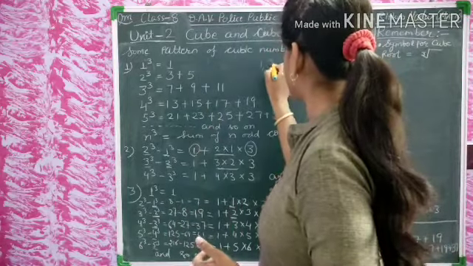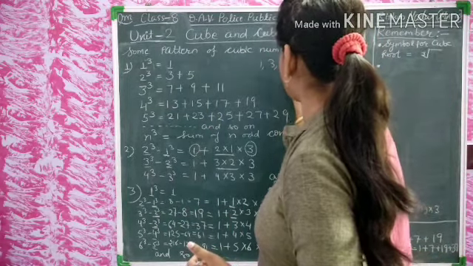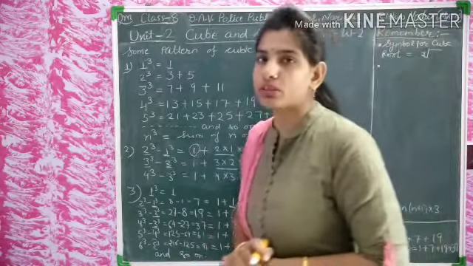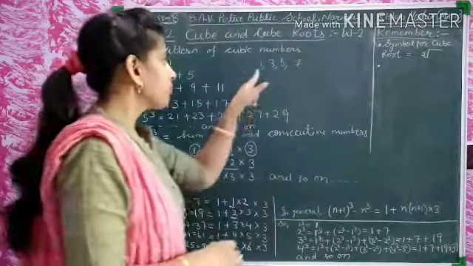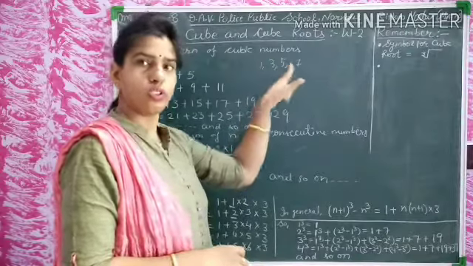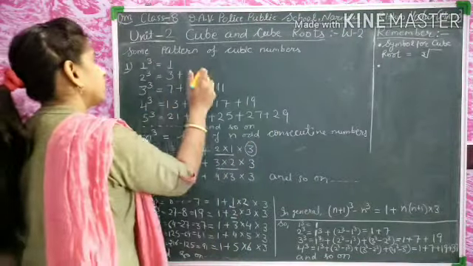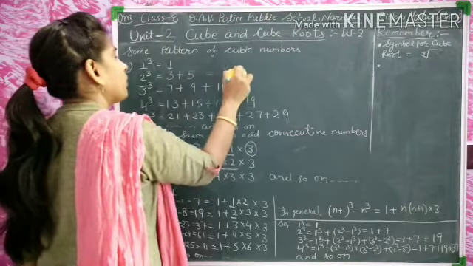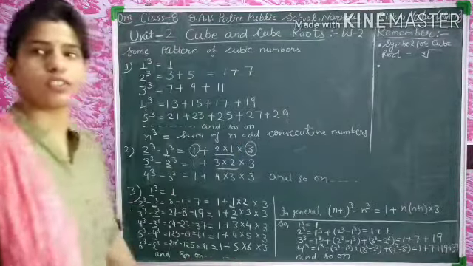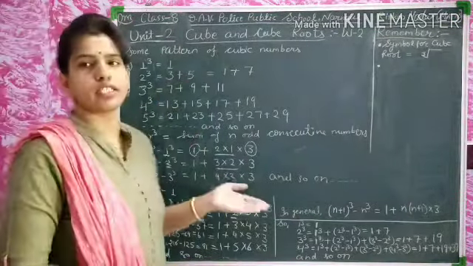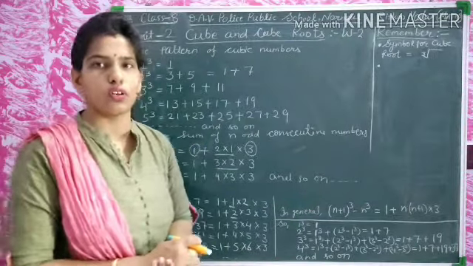There must be a sum of 8, either 3 plus 5 or 1 plus 7. Doing it like this, you can easily solve all the problems.